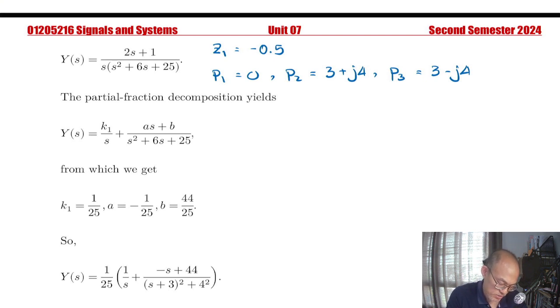So the partial fraction of Y(s) would be, for p1, this is distinct from the rest and it is real. So I have K1 over s.